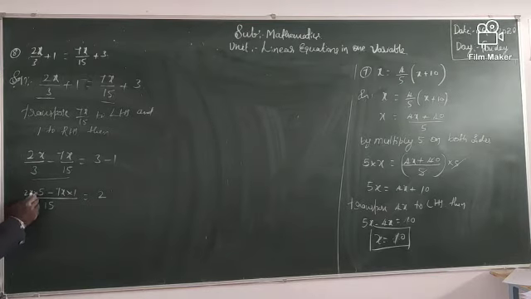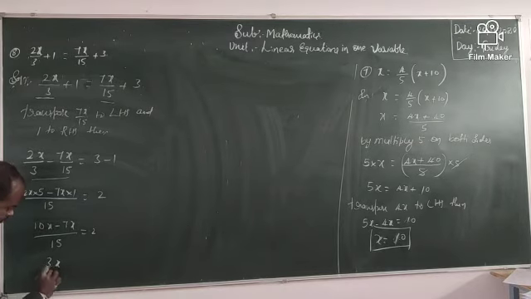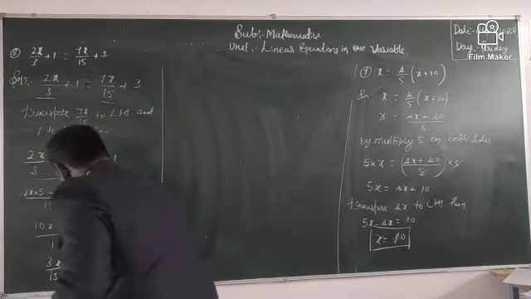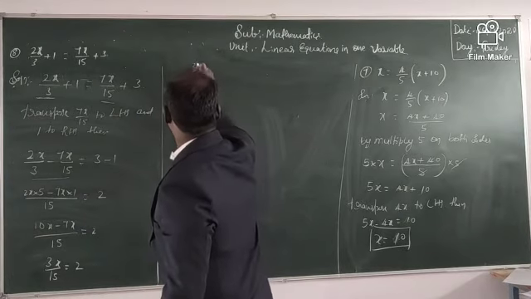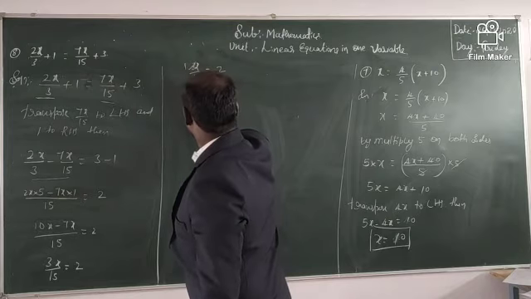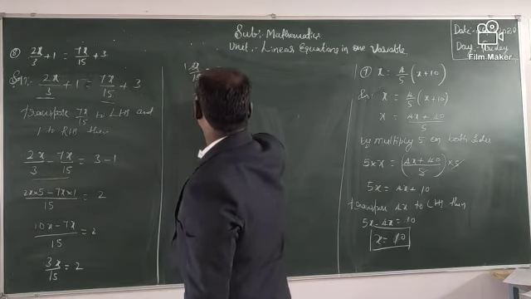Multiply 2 by 5 is 10x, minus 7x by 50, which is equal to 2. 10x minus 7x equal to 3x by 50, which is equal to 2. 3 ones are 3, 5, that is x by 5 equal to 2.